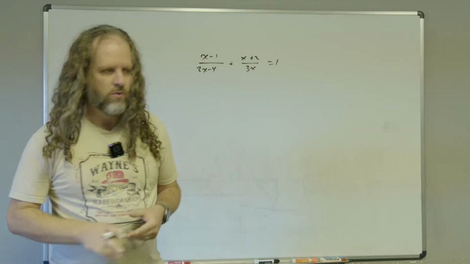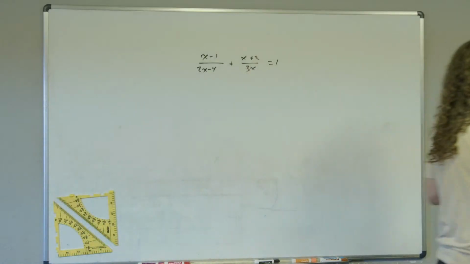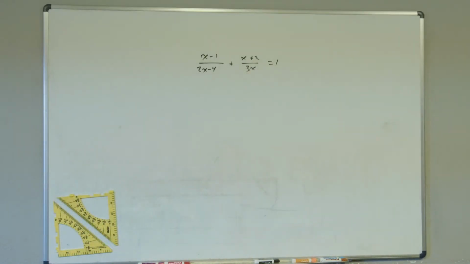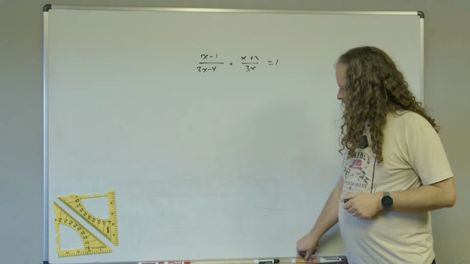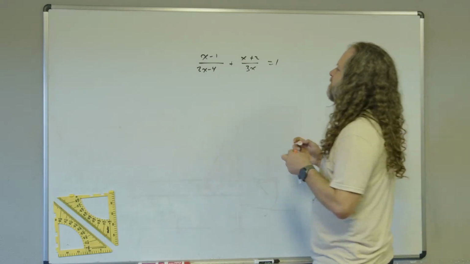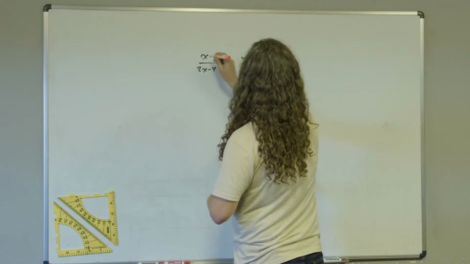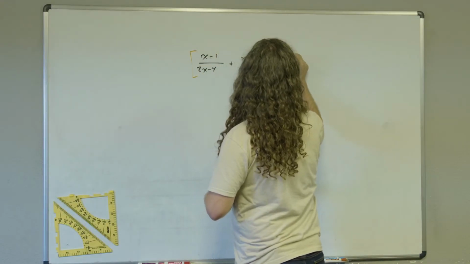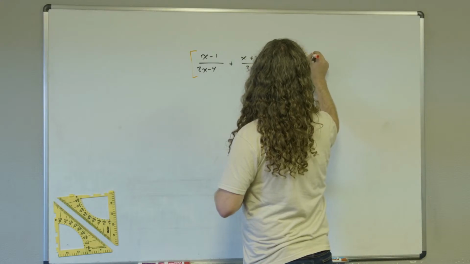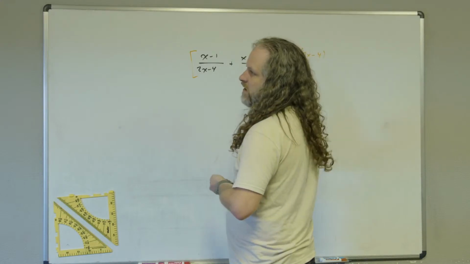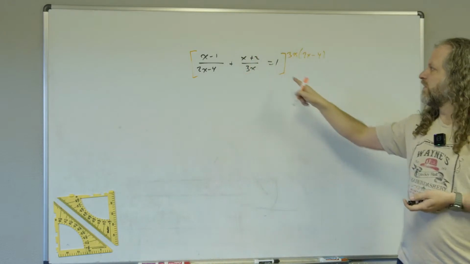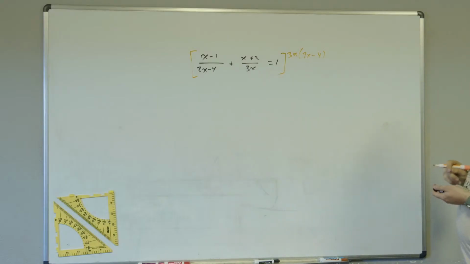So, what should we do? Multiply by the least common denominator. What is it? It's 3x times 2x minus 4. Yes. We will distribute it in a minute for this one, but not yet, right?